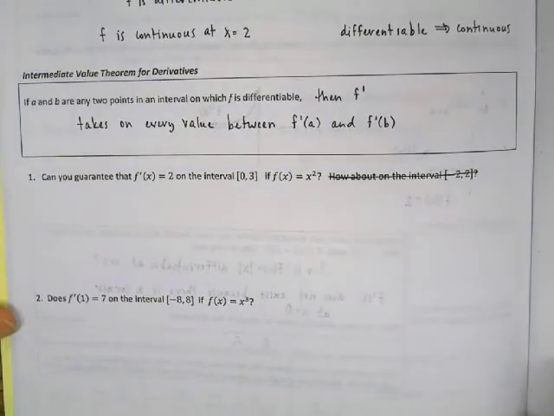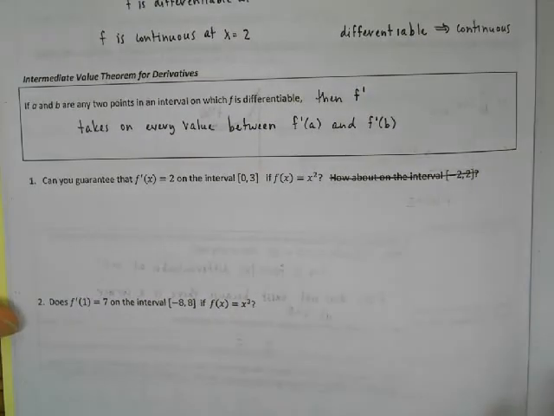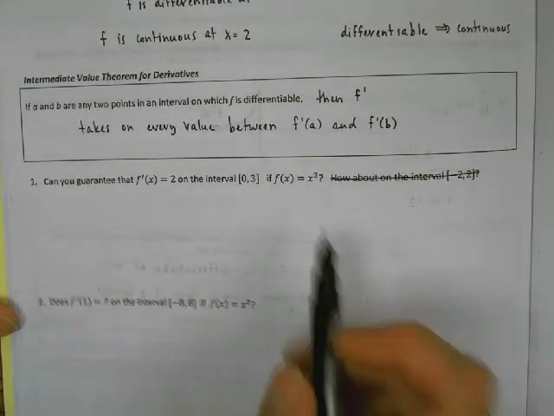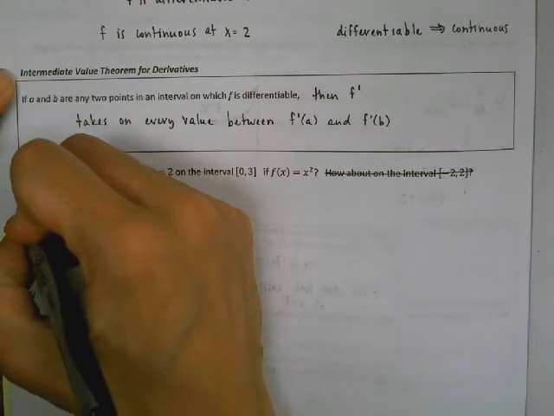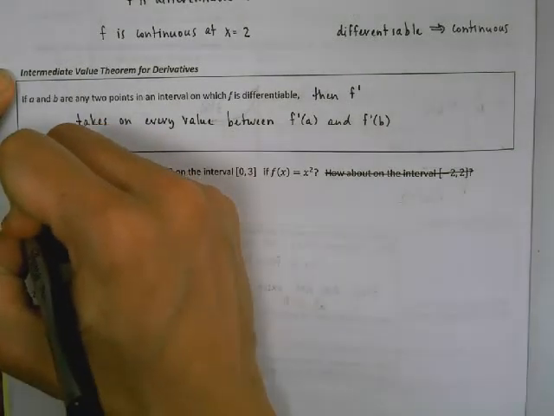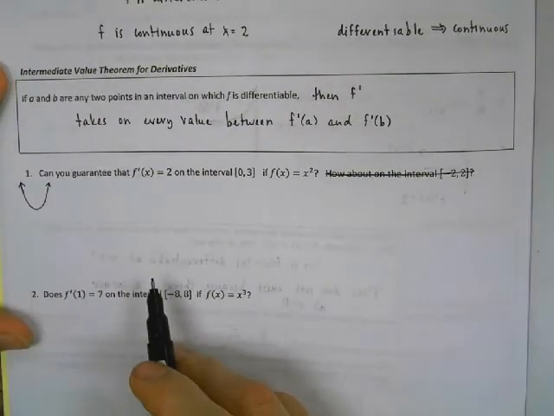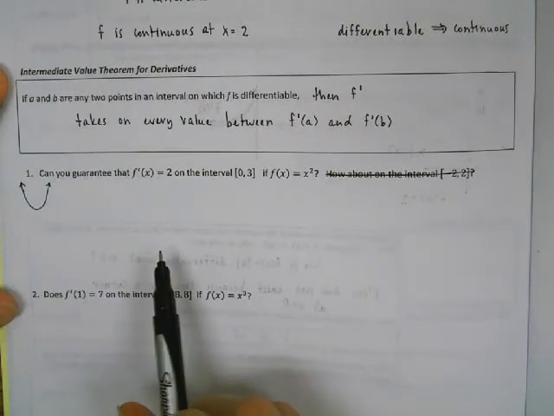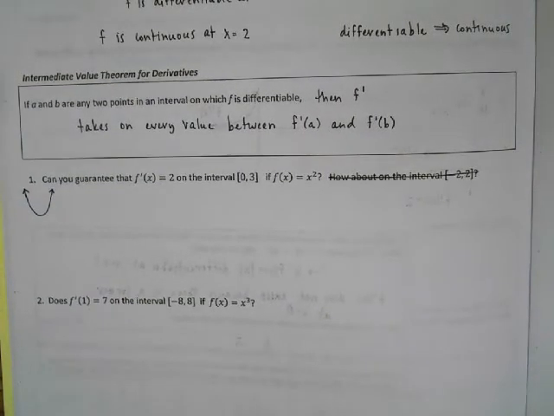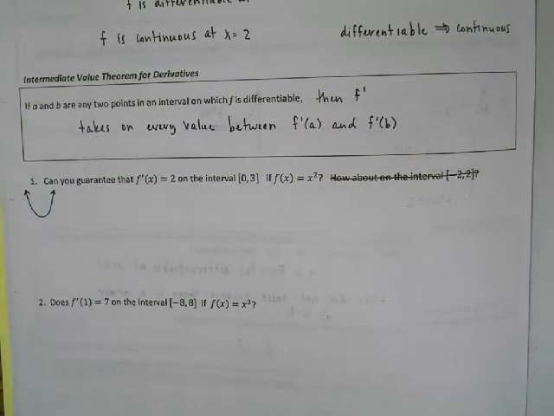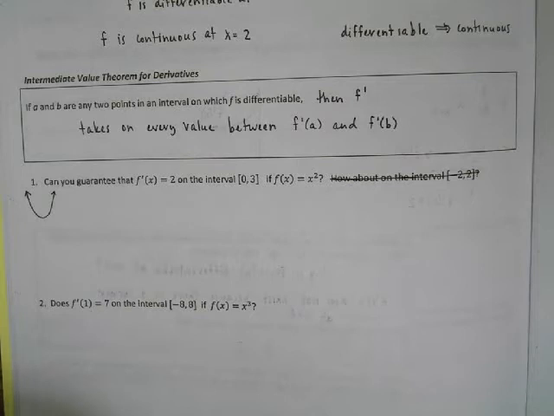So if my function is x squared, the first thing I need to decide is if I'm even differentiable on the interval from 0 to 3. And since we don't have any discontinuities, cusps, corners, or vertical tangents, we do know that we're differentiable on 0, 3. So we've met that first criteria.